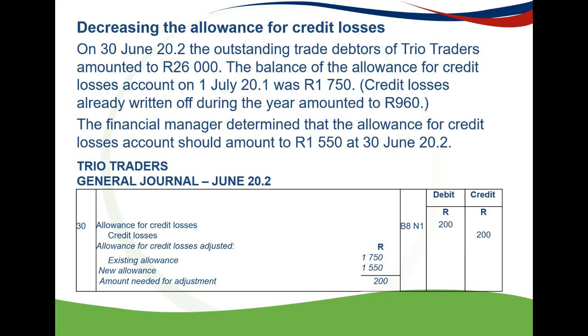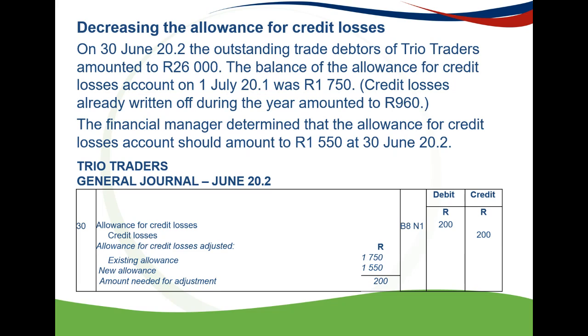We know it has a credit balance, so to decrease a credit balance, we must debit that account. Therefore, our allowance for credit losses will be debited with 200 rand, and our credit losses account will be credited with 200 rand.